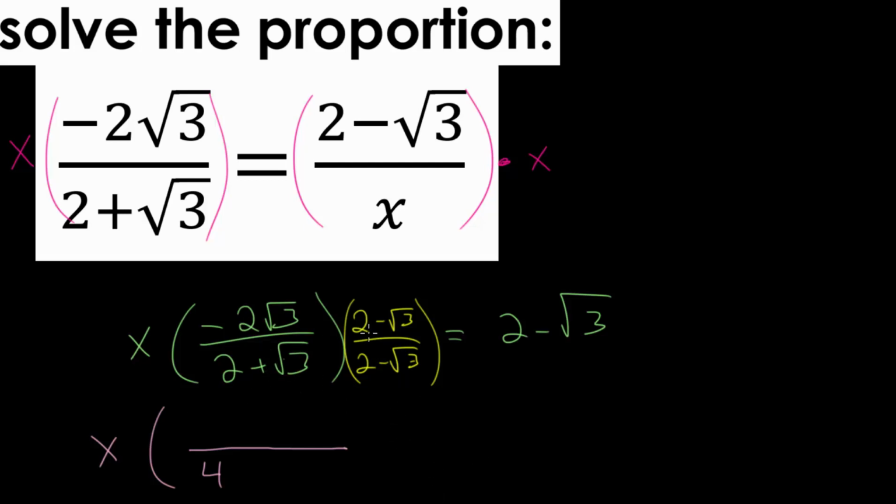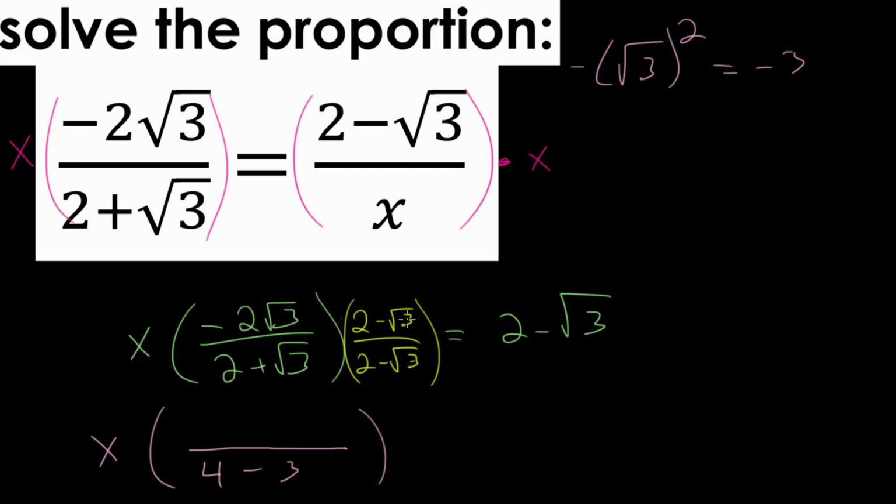Then we have root 3 multiplied by negative root 3, which would simplify to the opposite of the square root of 3 squared. The square root and the square will cancel each other out so that we just get back negative 3 here. So we have 4 minus 3 in that denominator. You can see this simplifies nicely to just integers, and this will just be 1.